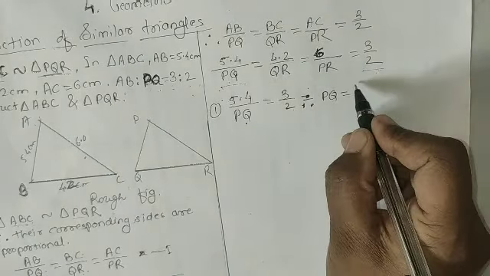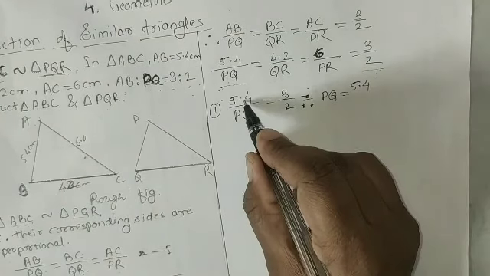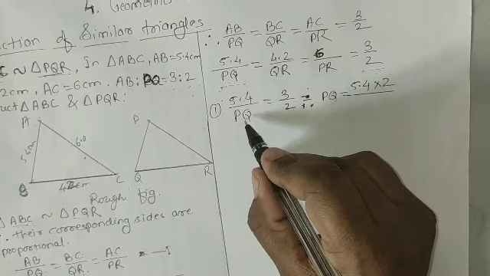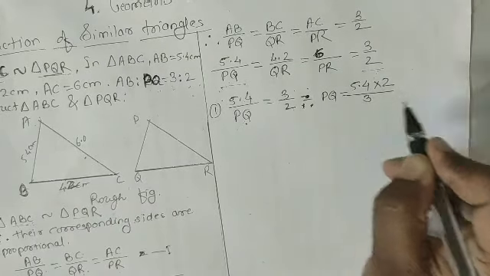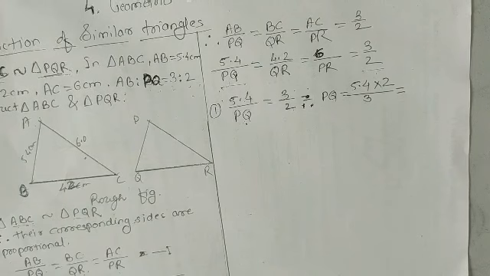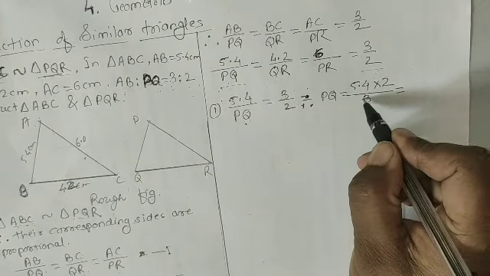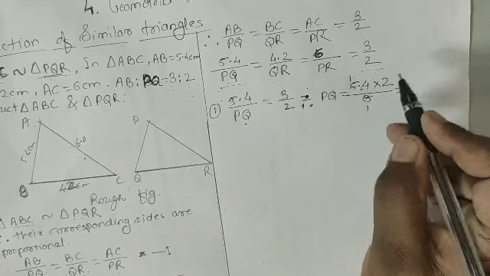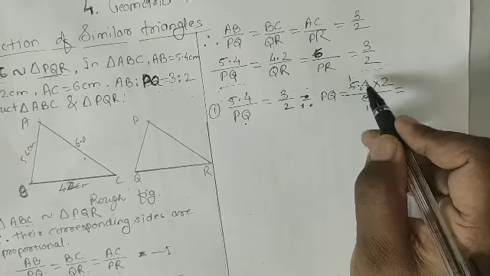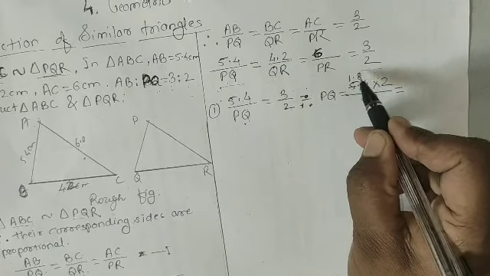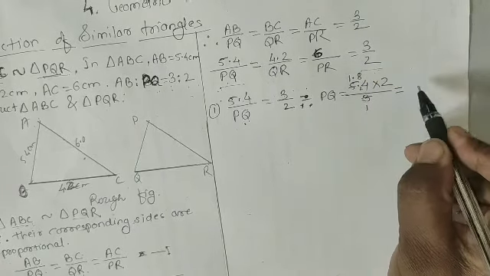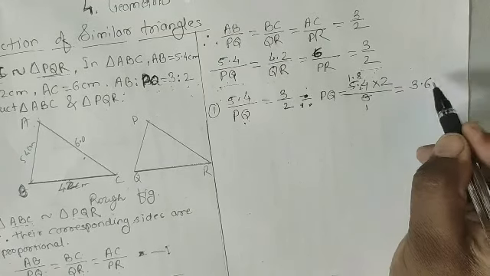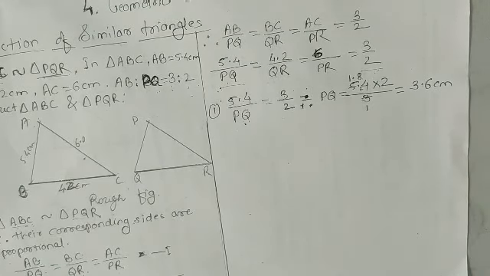So PQ is equal to 5.4 into 2 divided by 3. If you divide, 3 ones are 3, remains 2, 1 point, 3 8s are 24, 18 2s are 36. So 1.8 times 2 gives 3.6 centimeter.